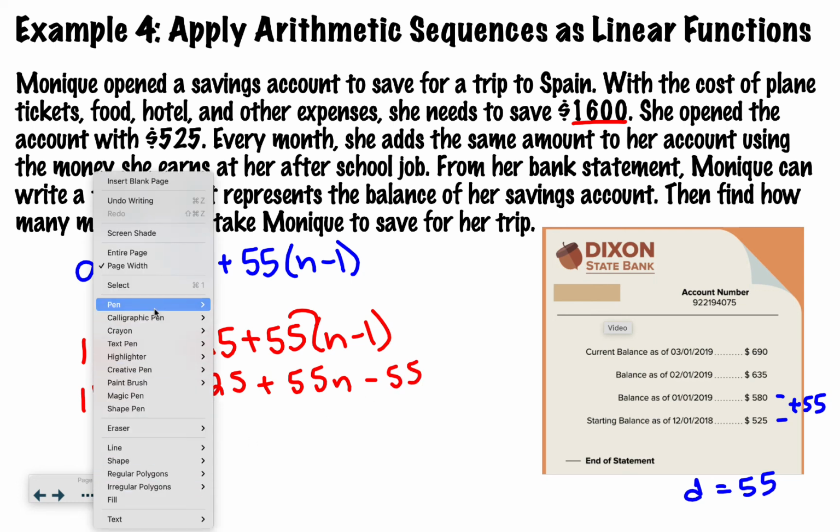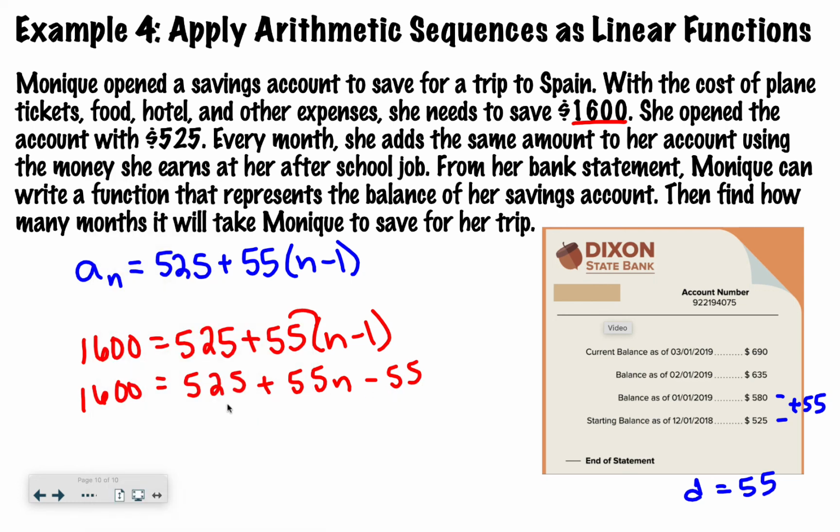And then I can combine my like terms. So I have 1,600 equals 525 minus 55 is 470. So I say 470 plus 55n.